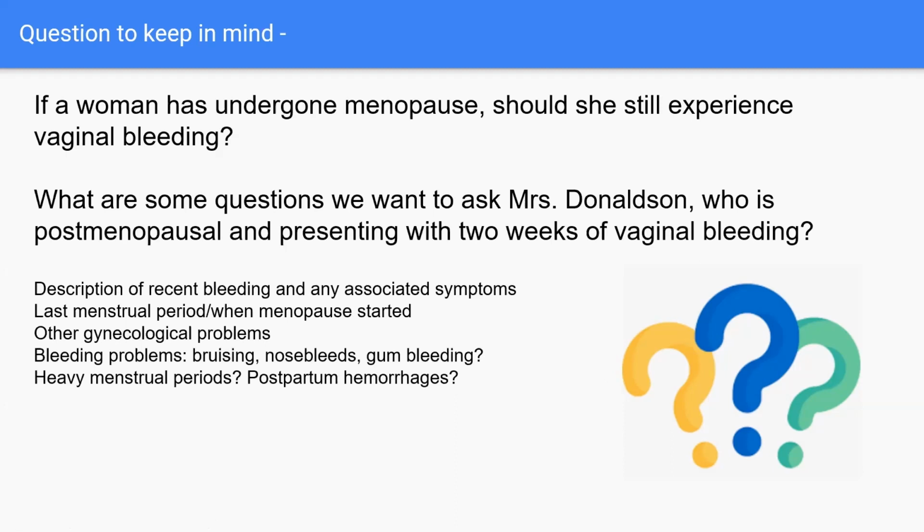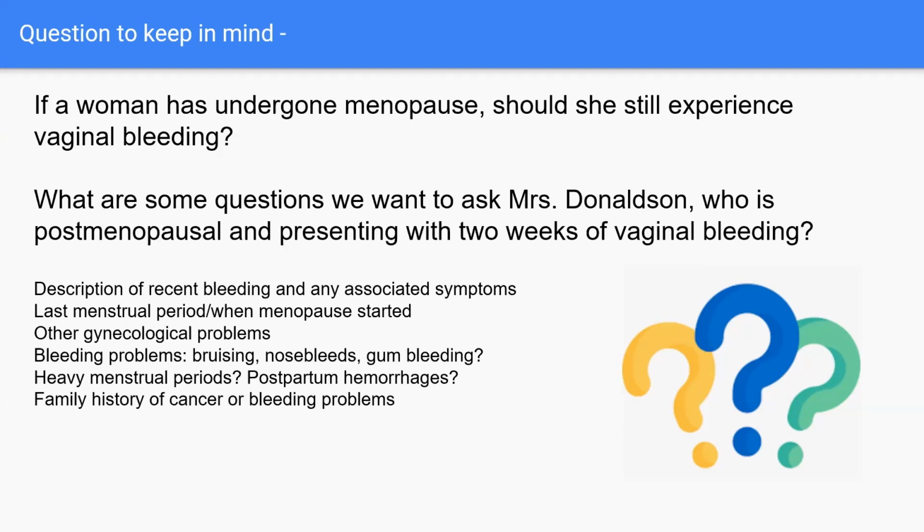Sometimes after pregnancy, the uterus is supposed to clamp down. You're supposed to massage it, so that the blood vessels will constrict and you'll stop bleeding. Sometimes patients can have a hard time, their uterus has a hard time doing that. That's called a postpartum hemorrhage, and that can be an issue.